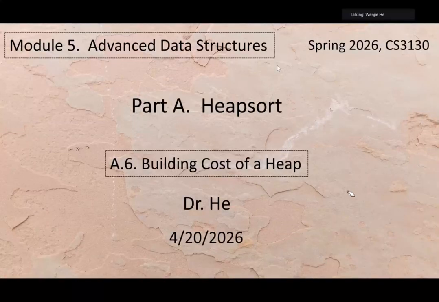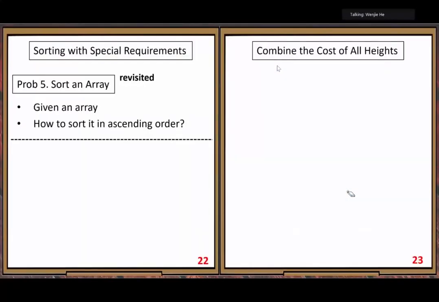Now we combine the cost of all heights. When we fix a node, we need to consider the worst case. Remember the triangle: we work on a local triangle fixing, moving the dirty node down to the bottom.